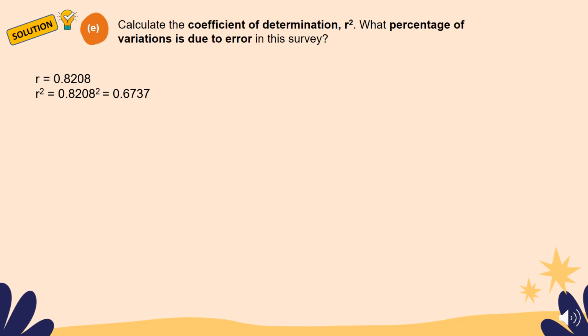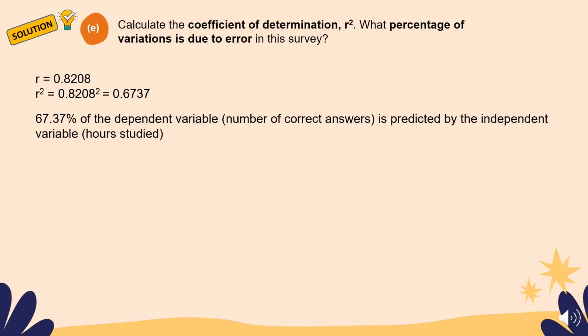So the R squared value is given as 0.6737. What does this R squared value mean? If we convert the R squared value into a percentage, it means that 67.37% of the dependent variable is predicted by the independent variable. So the rest of it is actually due to the error.